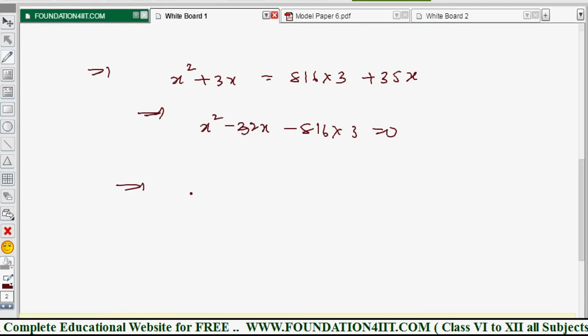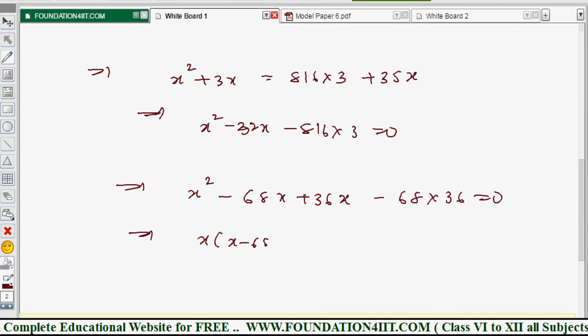Then factorize the middle term. So x square minus 32x minus 816 into 3; if you multiply, you can write 68x plus 36x minus 68 into 36 is equal to 0, because 816 into 3 is nothing but 68 into 36. By factorization, take x common: x minus 68, plus 36 common: x minus 68.